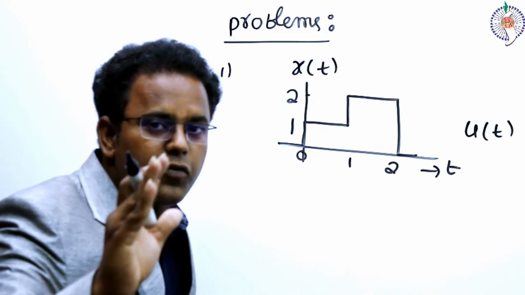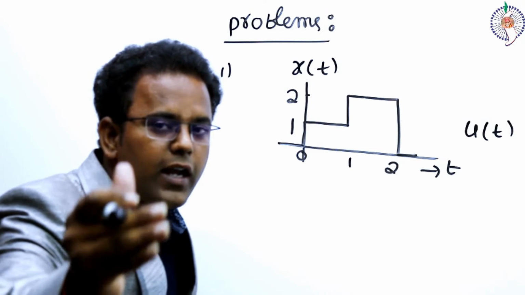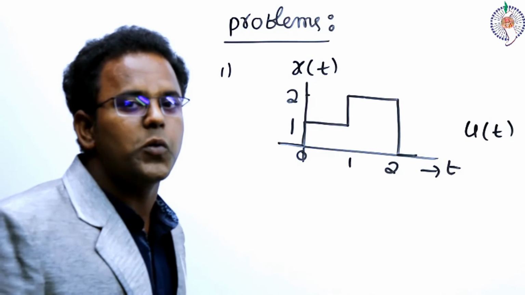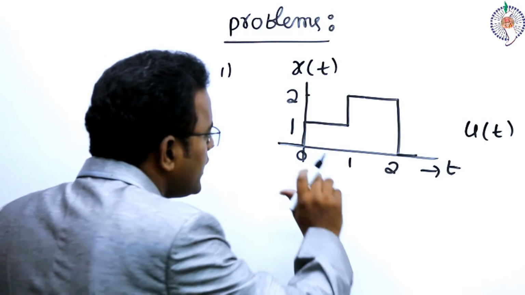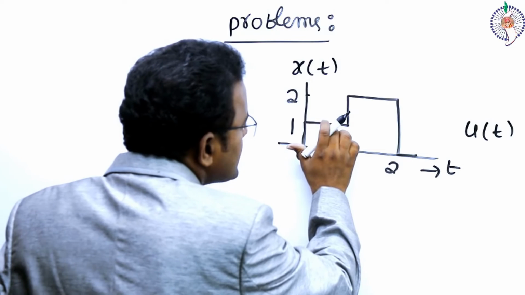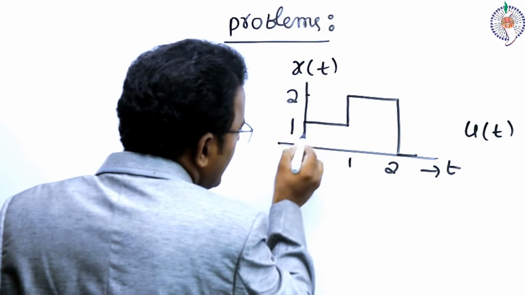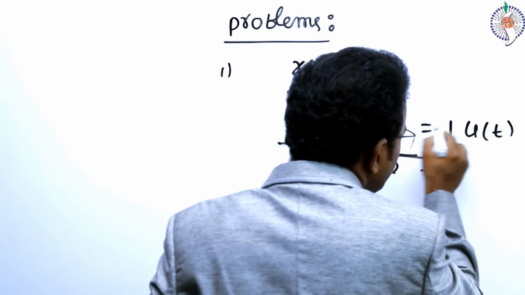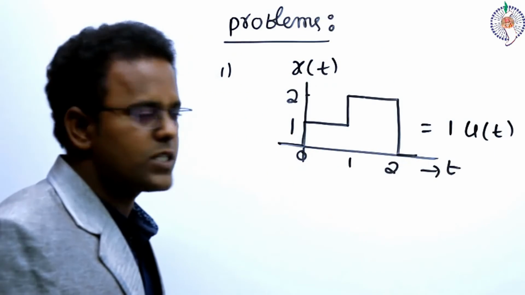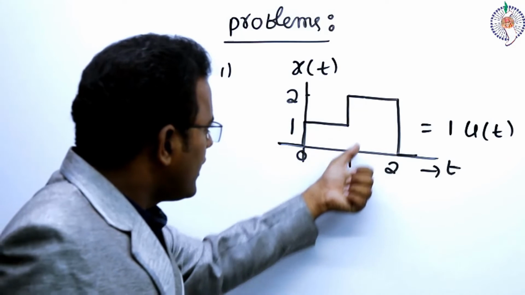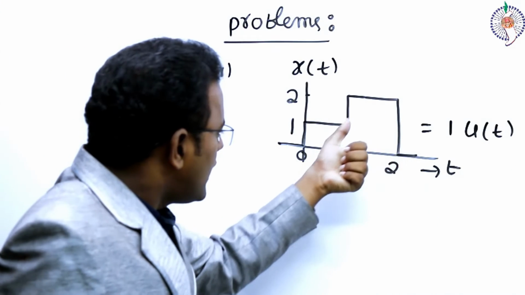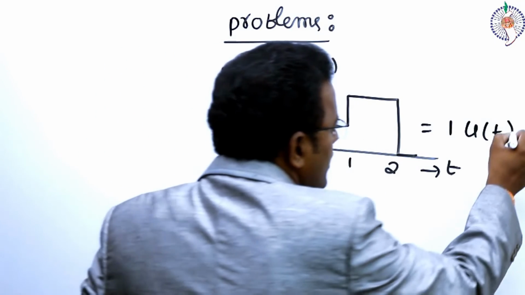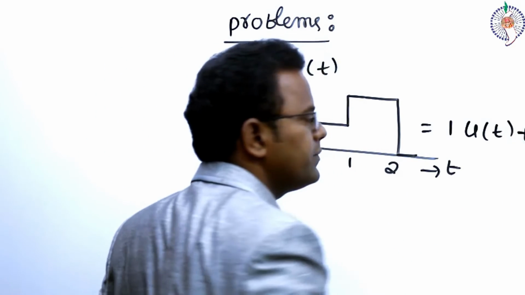At an instant of time, the right side is called final and the left side is called initial, because we are moving from left to right. So at t equal to 0, final value means right side amplitude 1, left side 0: 1 minus 0, 1. Next, at t equal to 1, right side value 2, left side value 1, final minus initial, 2 minus 1, 1, which means plus 1 only.